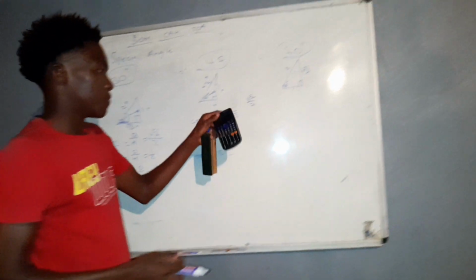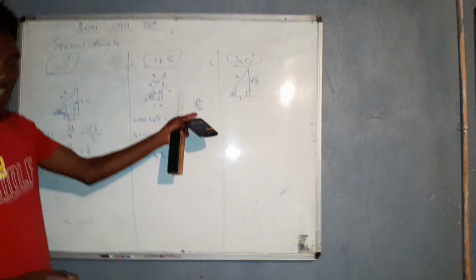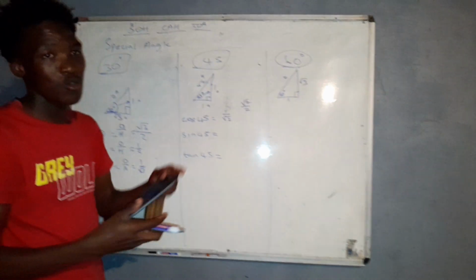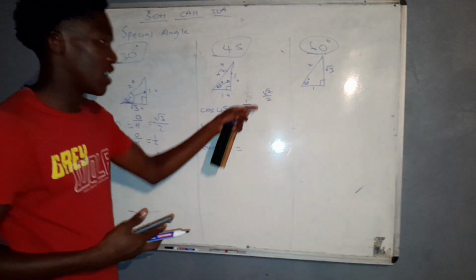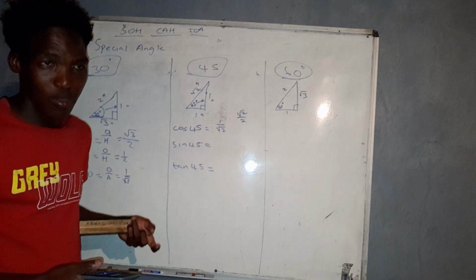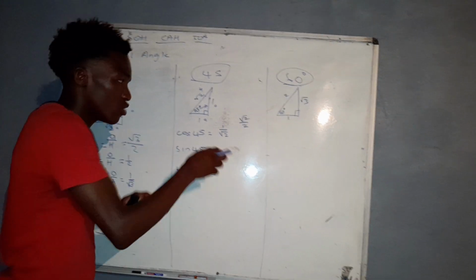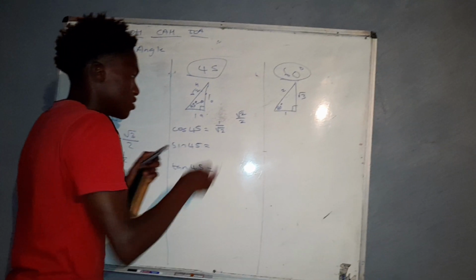Root 2 over 2. So, similar to this one, if you write this when you are instructed not to use a calculator, they will see that you are cheating and not obeying the instructions, and then you'll be penalized. So do not use it.